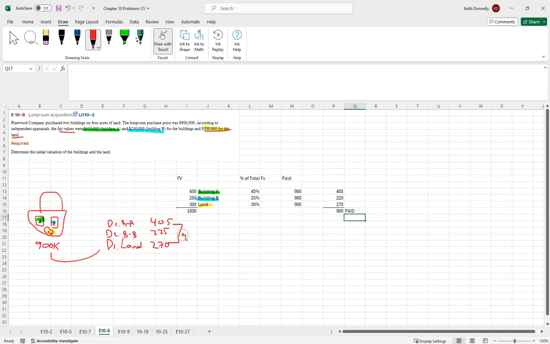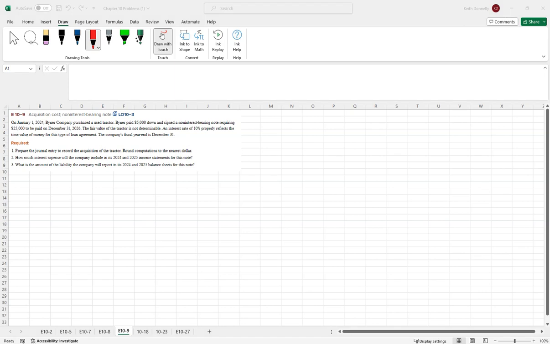That's how we break out the 900 bucks for it. We use the fair value. They give that to you and then you got to back into the percentage, multiply it over. There you go. You can call it a day. That's how we break out the $900.